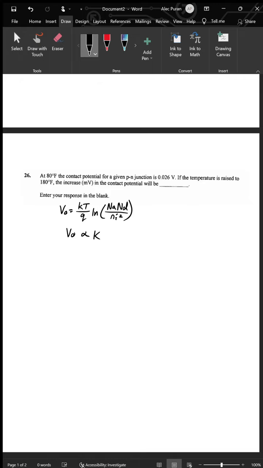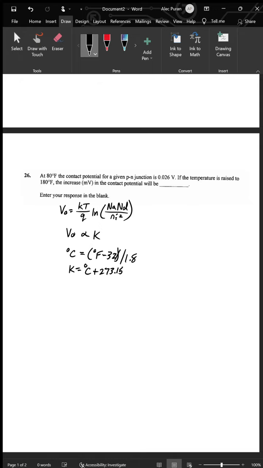We know that degrees Celsius is equal to degrees Fahrenheit minus 32 over 1.8. And then from Celsius to Kelvin, it's just Kelvin equals Celsius plus 273.15.